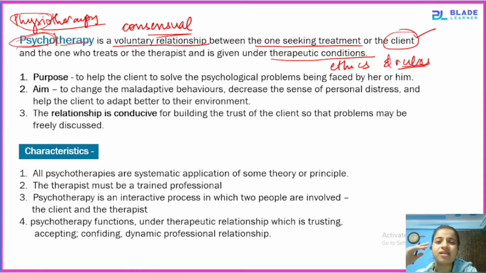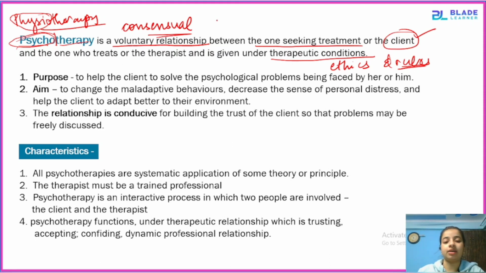Why are we stressing so much on this therapeutic relationship? Why are we not jumping on what kind of therapies we are talking about, how is therapy given? It is important because therapy is the kind of thing in which a person tends to open up and express a lot about their lives, and this kind of therapy has to be free from legal jeopardy.